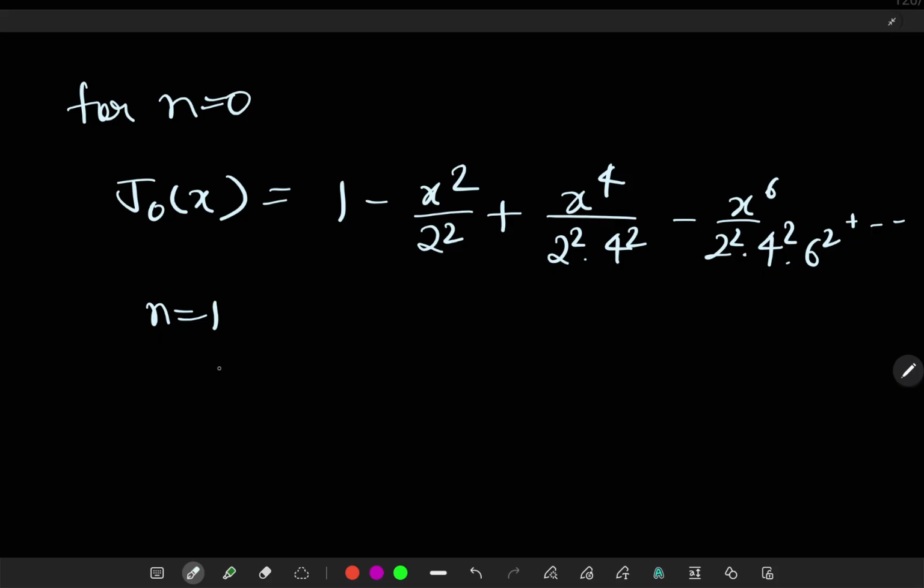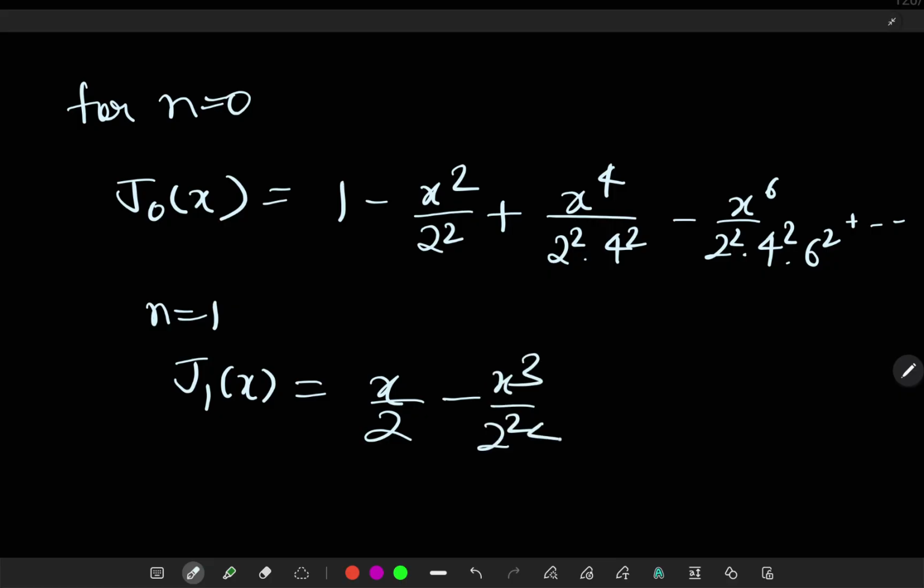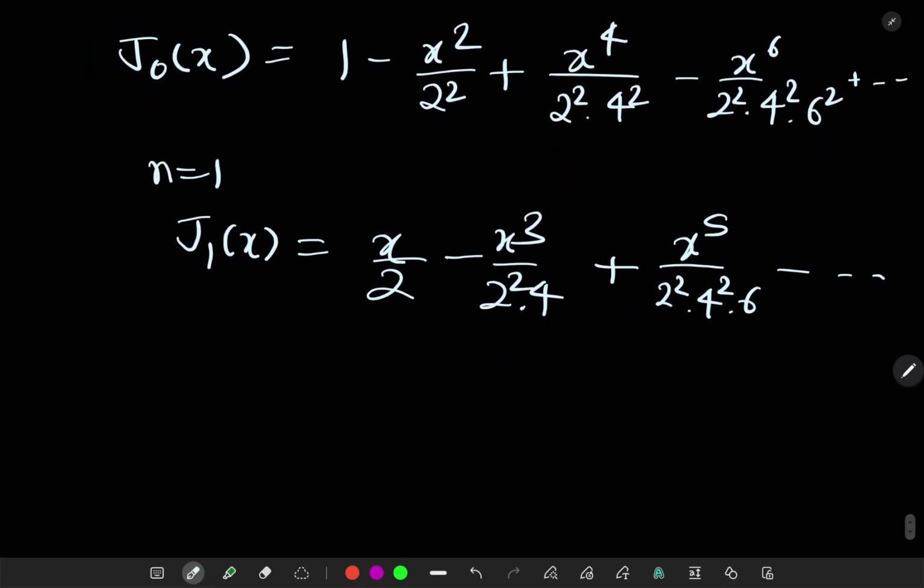For n equal to 1, J1(x) equals this, and so on. Here J0(x) is like a damped cosine function and J1(x) becomes a damped sine function for large x.